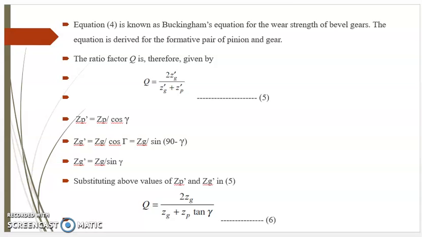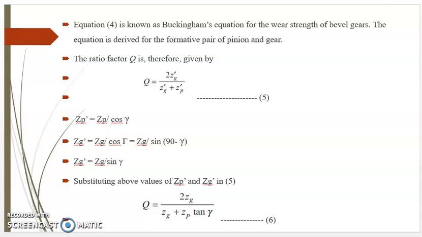The equation is derived for the formative pair of pinion and gear. The ratio factor Q is therefore given by Q = 2Zg' / (Zg' + Zp'), equation 5, where Zp' is equal to Zp upon cos gamma and Zg' is equal to Zg upon cos of capital gamma, which is equal to Zg upon sine of 90 minus gamma.